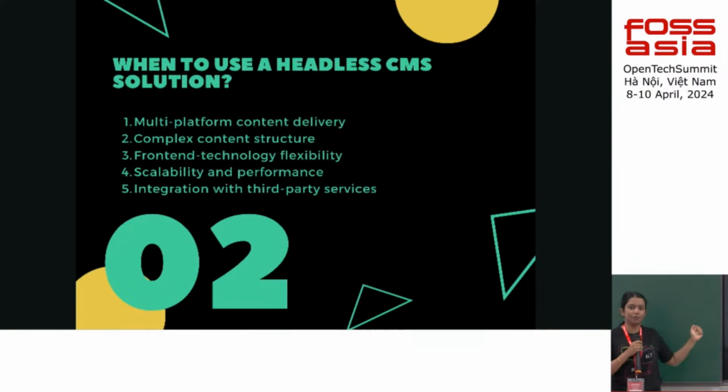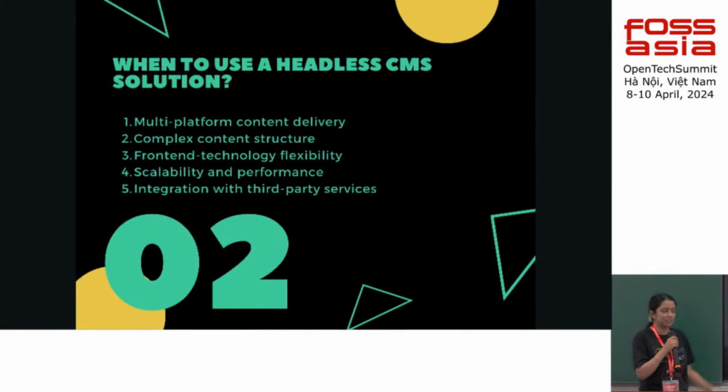I mentioned already in my previous slides that it helps you with multi-platform content delivery. It also reduces the complexity of the content structure. So if you're using a headless CMS solution, that's how you reduce the complexity. Then we have front-end technology flexibility. If your team can code in React or some other JavaScript frameworks, then you can go ahead and do that.